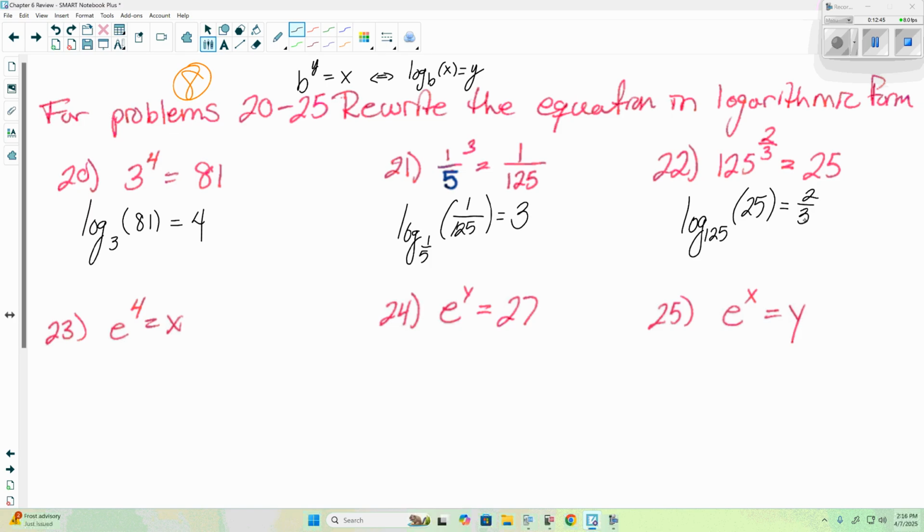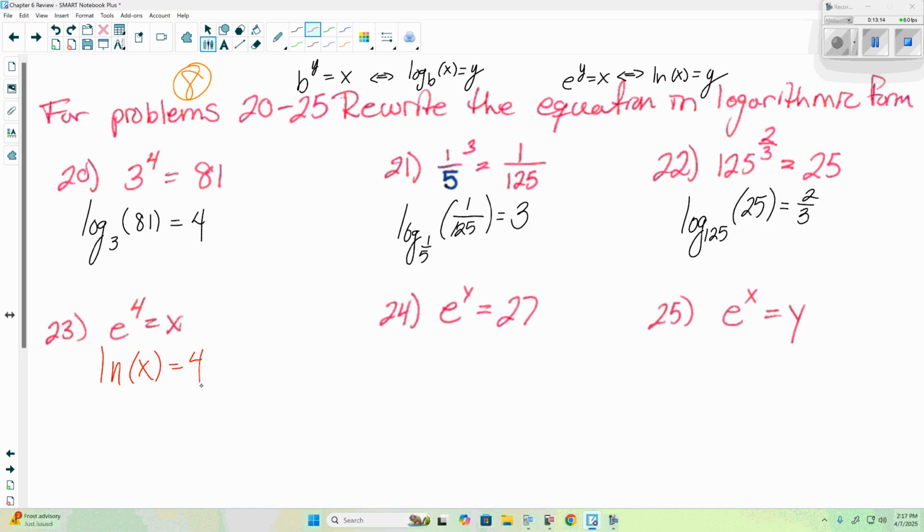That's it. Let me put the other one there for natural logs. e to the y equals x if and only if the natural log of x is equal to y. So for 23, e to the 4th equals x. We would rewrite it as natural log of x is equal to 4.